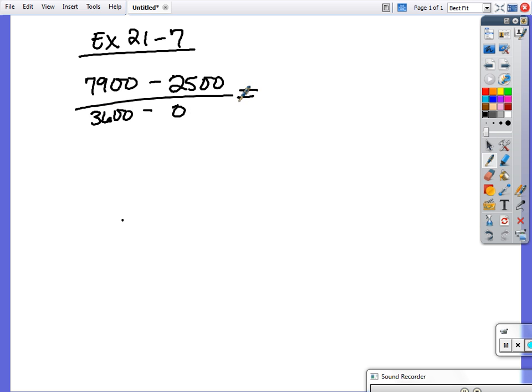Good. So that means the cost per unit is going to be what? It's 5,400 over 3,600, which equals 1.5, or 150.